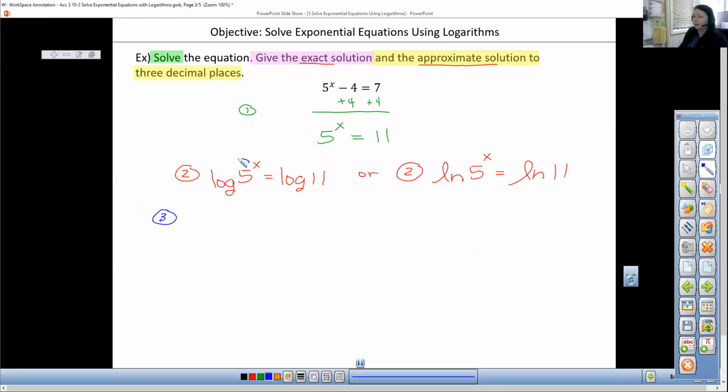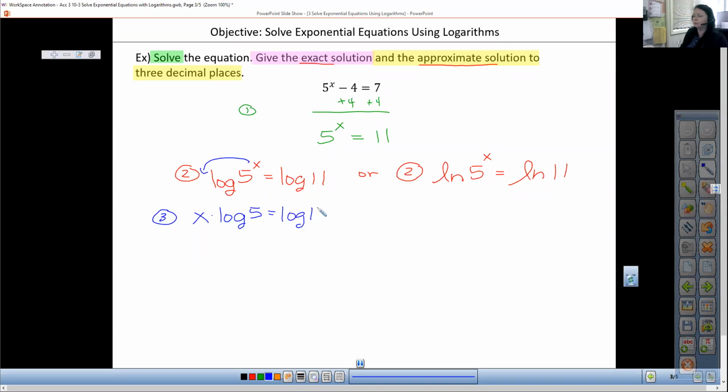So this x moves to the front, and this becomes x times the log of 5 equals the log of 11. Over here, using our property, the x comes to the front as a multiplying factor, and over here we have x times the natural logarithm of 5 equals the natural logarithm of 11.